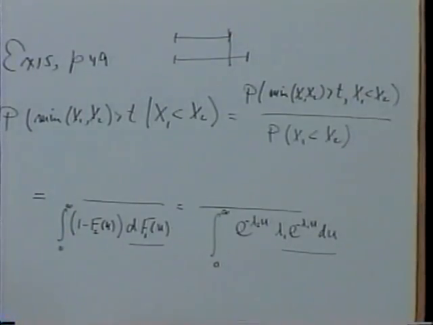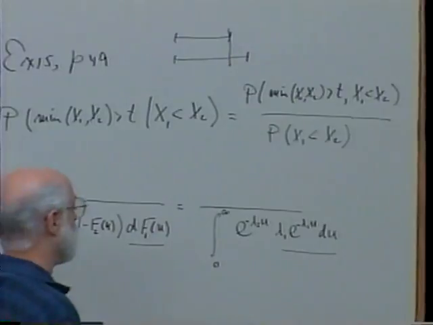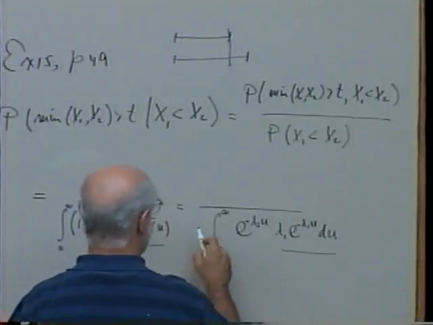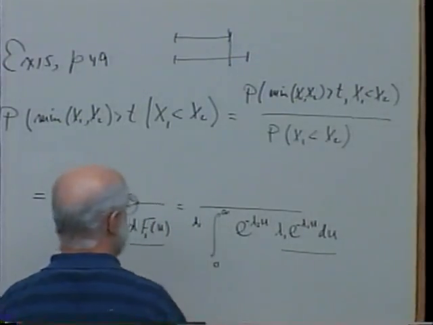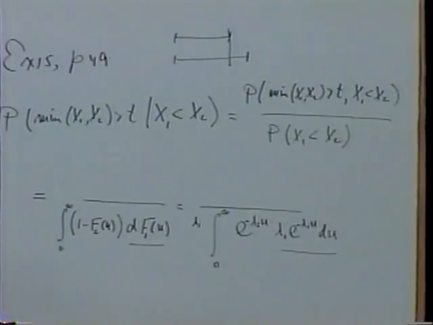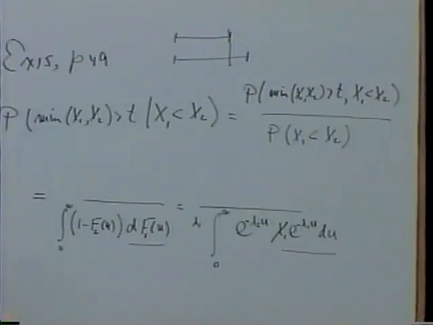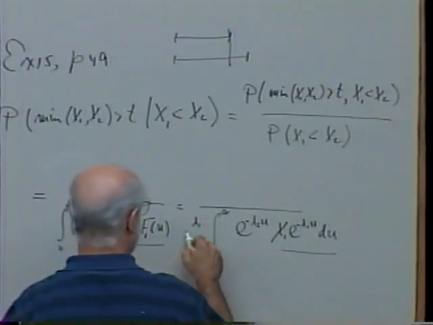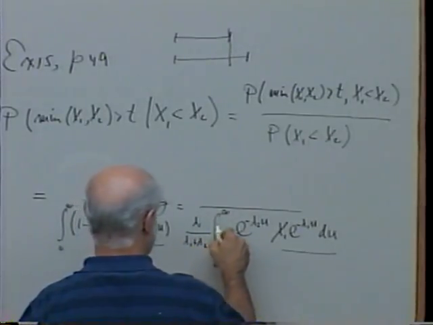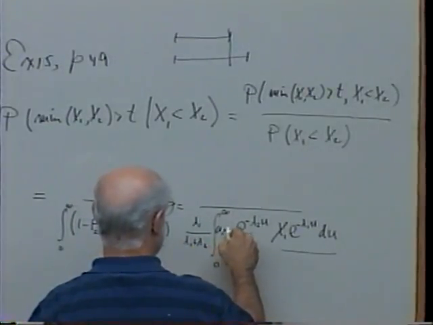But actually, this is easy integration to do because all I'll do is factor out the lambda 1 and then multiply, so this lambda 1 is outside, and then multiply and divide inside by lambda 1 plus lambda 2. So here I'll write lambda 1 plus lambda 2, and here I'll write lambda 1 plus lambda 2.